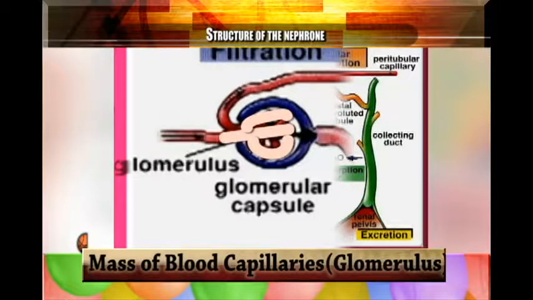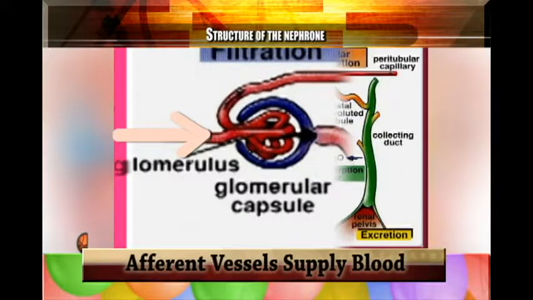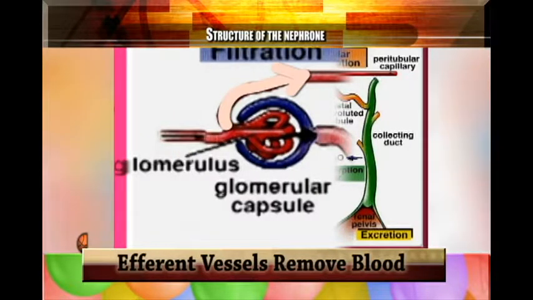The glomerulus is supplied by the afferent vessel, which brings in blood to the glomerulus, and then the efferent vessels remove the blood from the glomerulus.